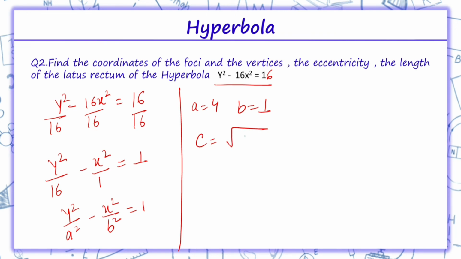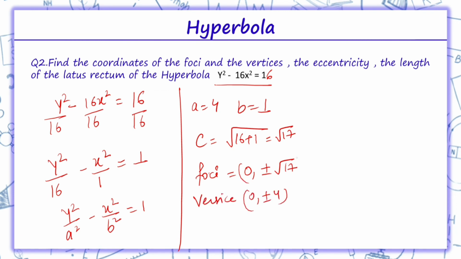So c will be square root of a square plus b square, which is 16 plus 1, that is root 17. The coordinates of the foci will be, since the foci lie on the y axis, 0 comma plus minus square root of 17. Vertices will be 0 comma plus minus 4.